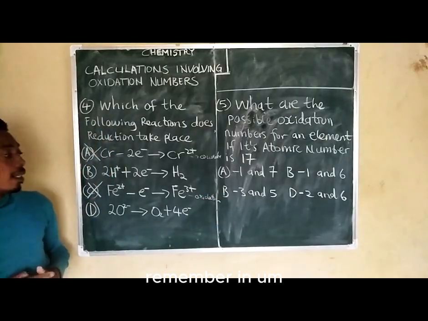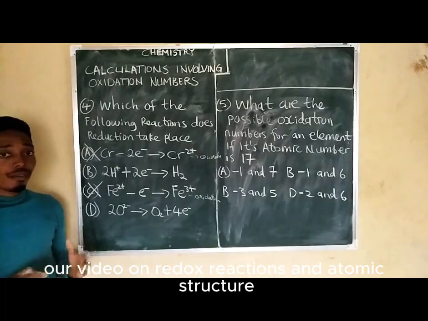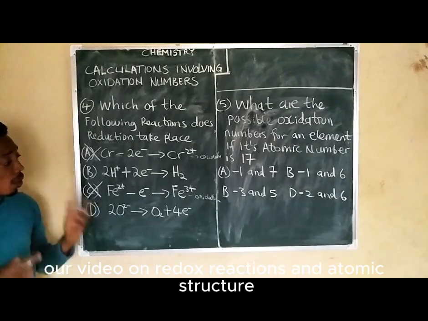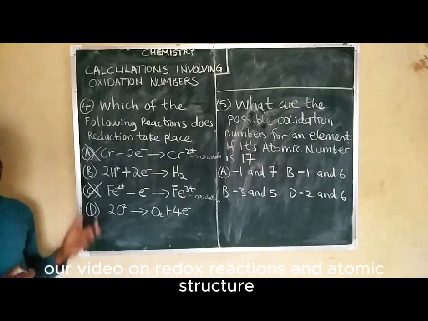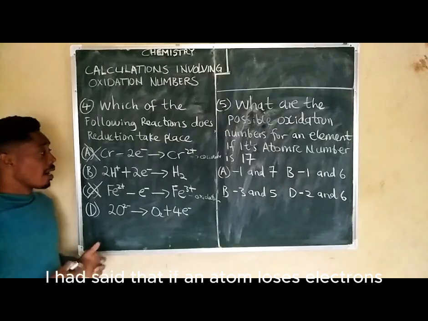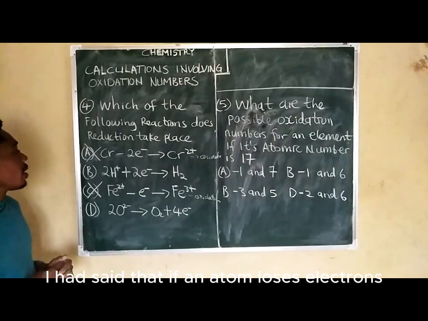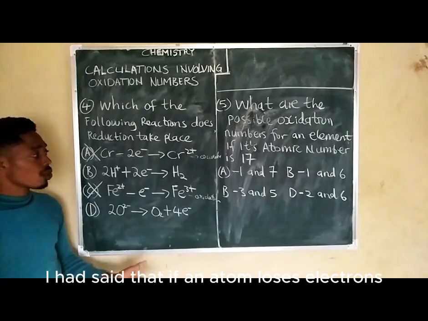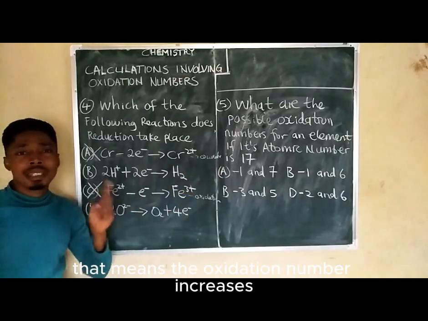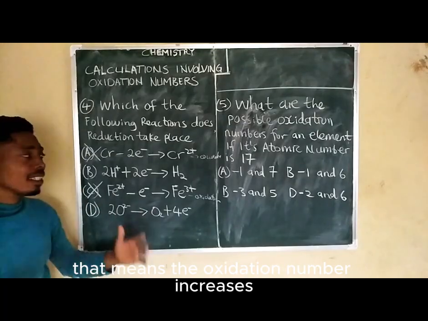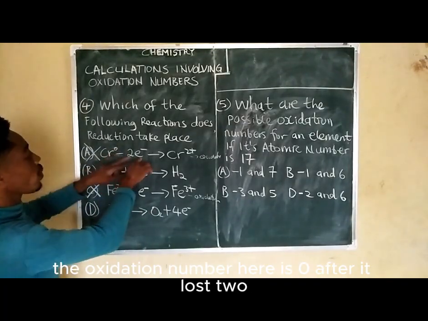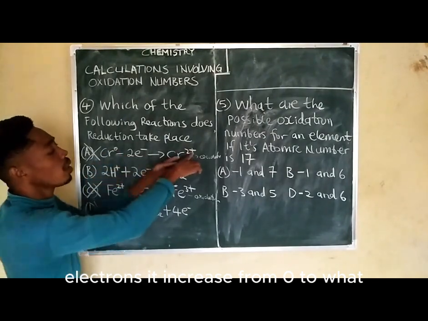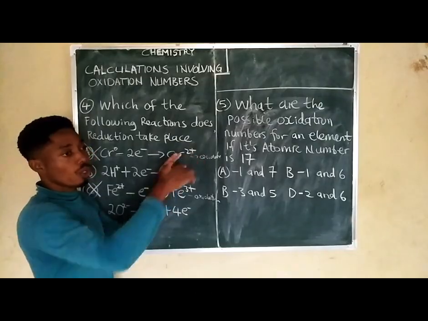Remember in our video on redox reactions and atomic structure, I had said that if an atom loses electrons, that process is oxidation. That means the oxidation number increases. The oxidation number here is 0. After it lost 2 electrons, it increased from 0 to what? To plus 2.